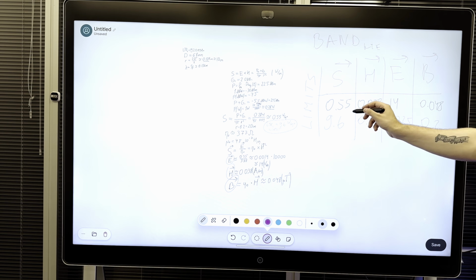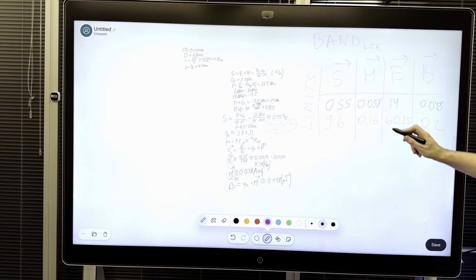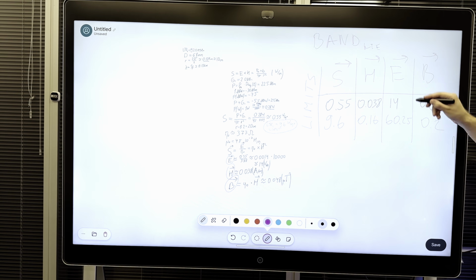We were significantly below that. Then we have the limit of 0.16 amp per meter. Again, we were significantly below that. We have a limit of 60.25 volts per meter at this frequency. So as a reminder, this frequency is 1920 megahertz.